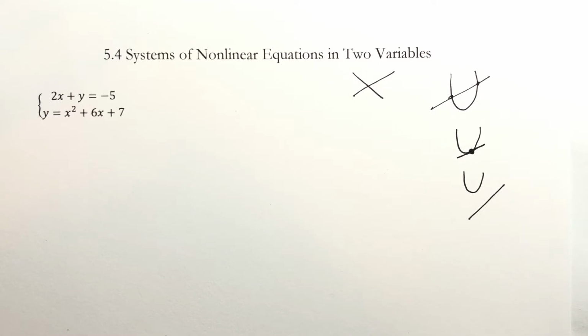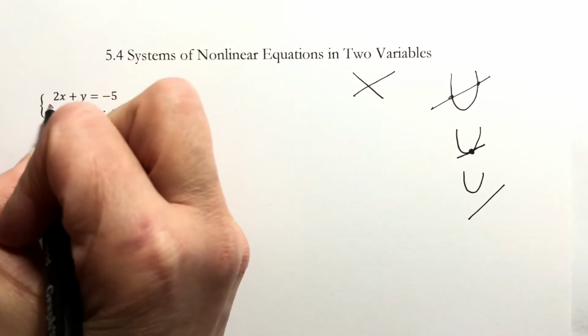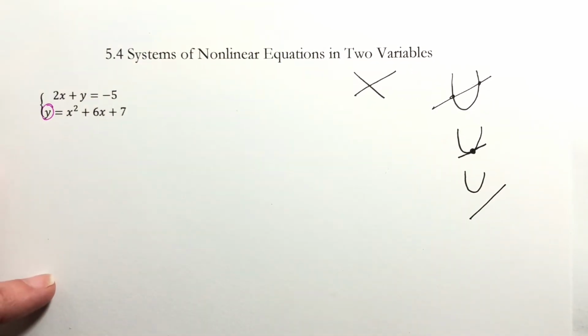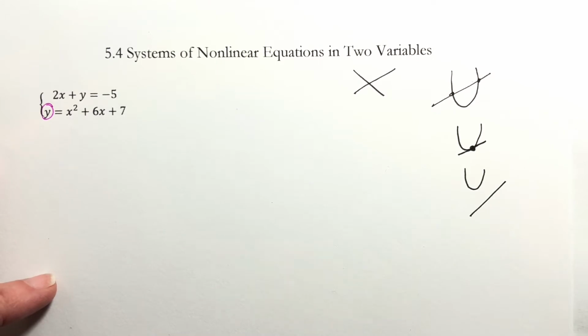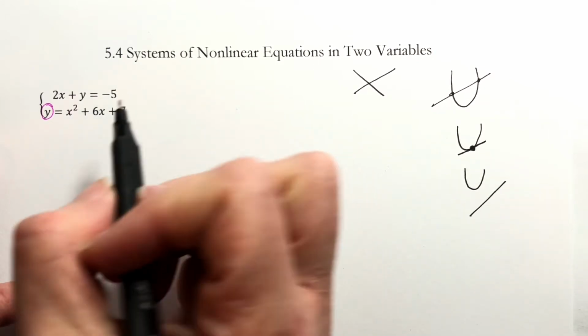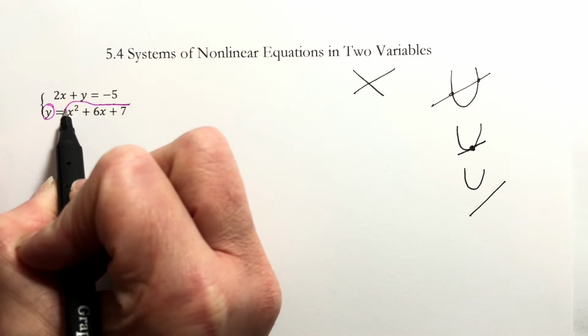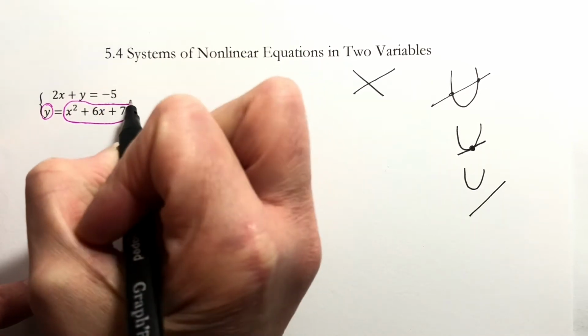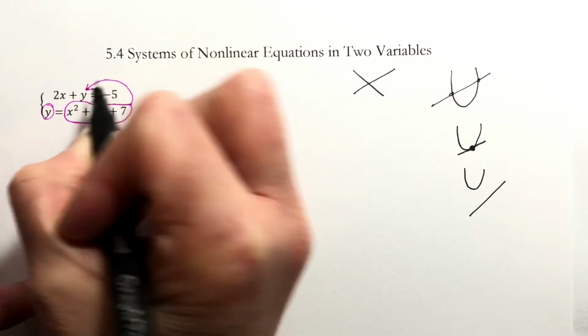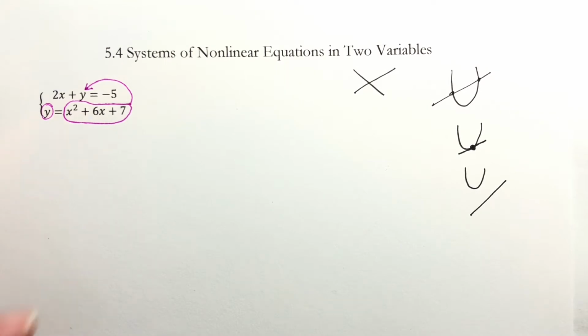For this first example, our second equation is solved for y. So this is set up for us to use substitution. So I'm going to take this whole trinomial and plug it in right there for a y.